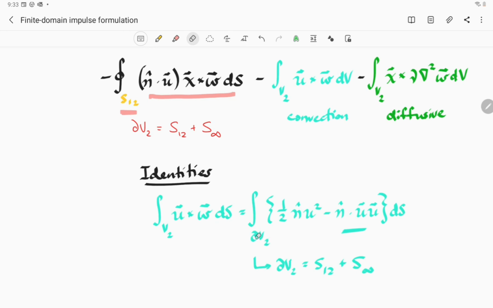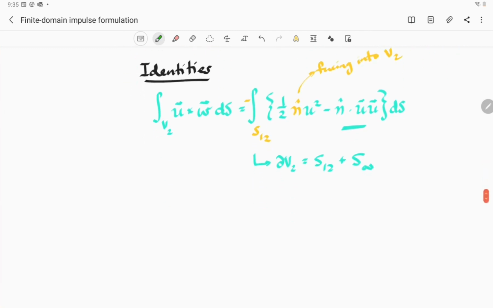So in our particular case, this is no longer an identity, but in our particular case, we're going to have this, and I am going to change the sign of that so that this n is facing into V2.